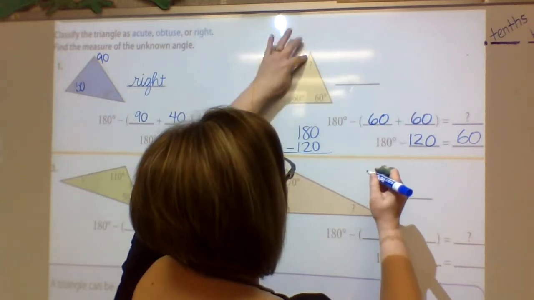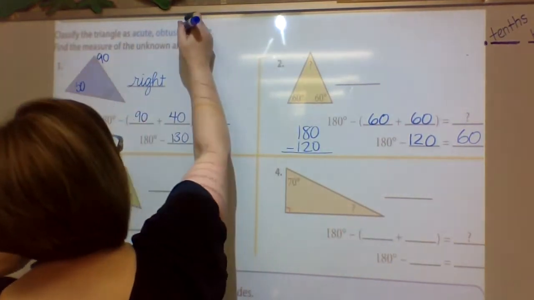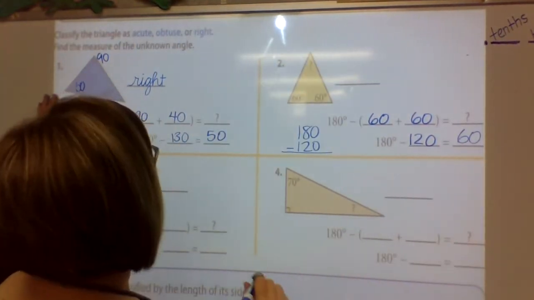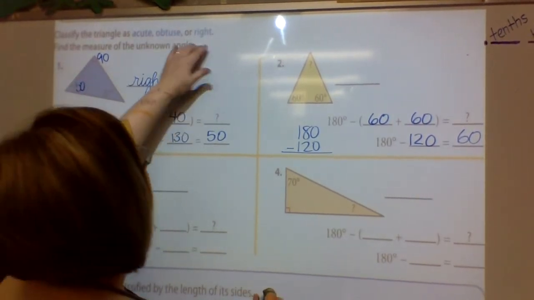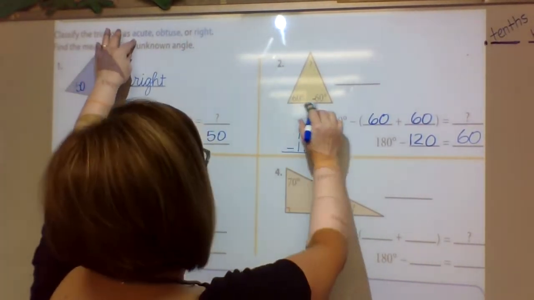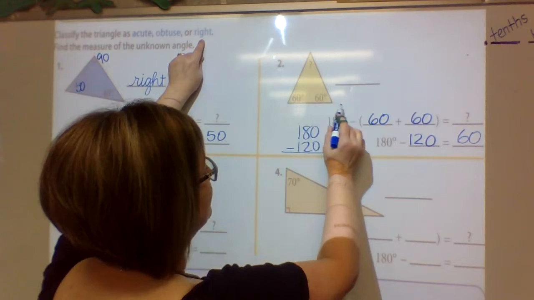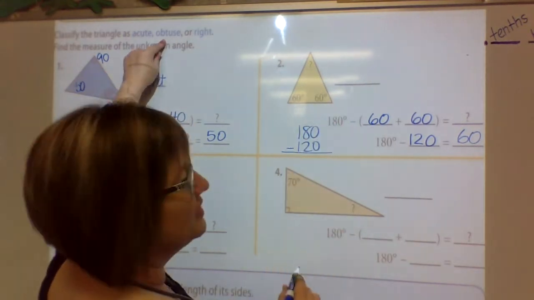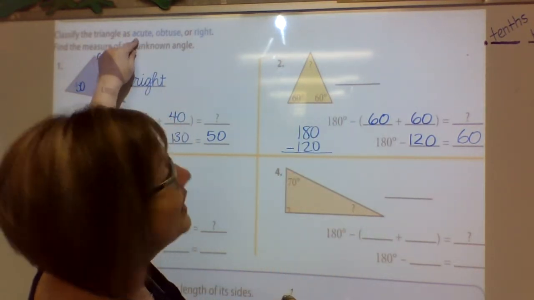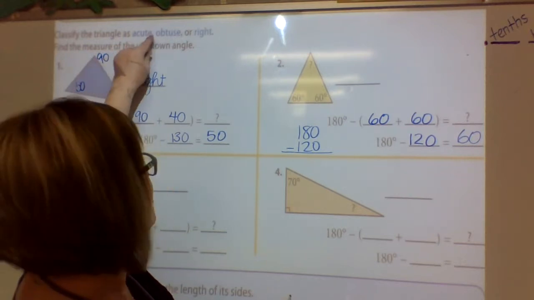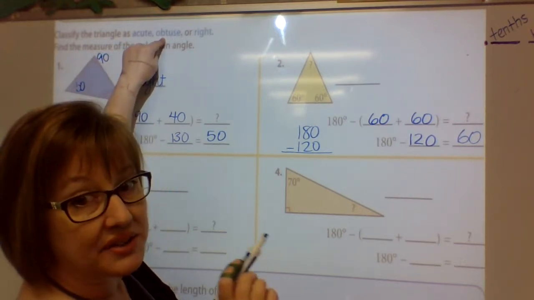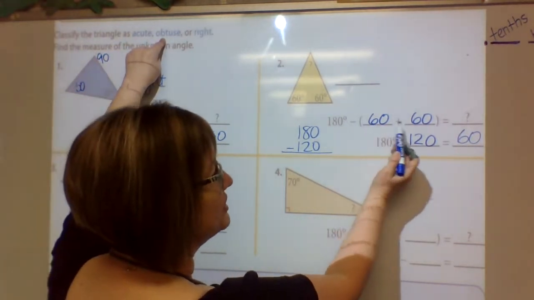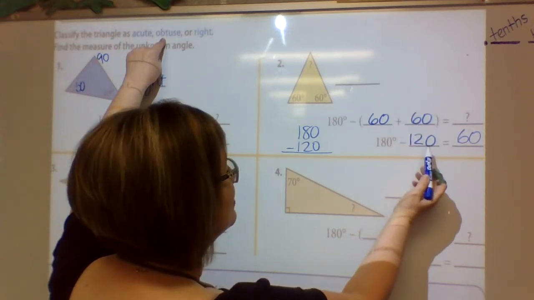So if all of these, we already did a, well, you are going to use one of them twice. Okay, so it doesn't have any right angles, so it's not a right triangle. Is it obtuse or acute? In order to be obtuse, it has to have one angle that's bigger than 90. Does it have an angle that's bigger than 90?